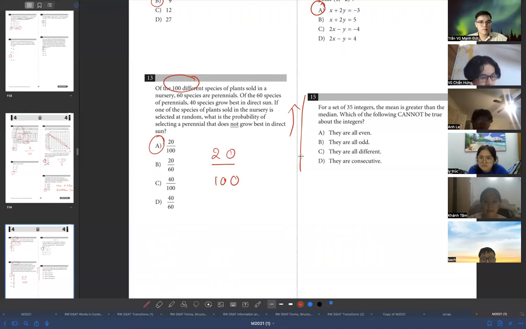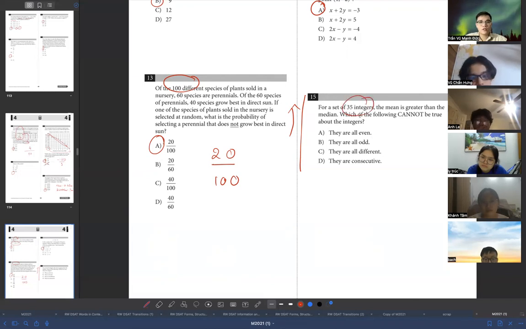I just circled the one that seemed right. Okay. Because if you use POE, it's quite possible. A and B are most definitely out. And between C and D, they're all different or they're all consecutive. I choose D. But okay, let's wind up. Just slow down a bit.